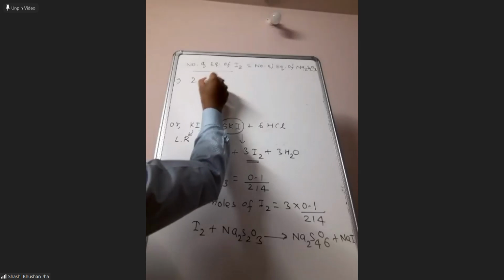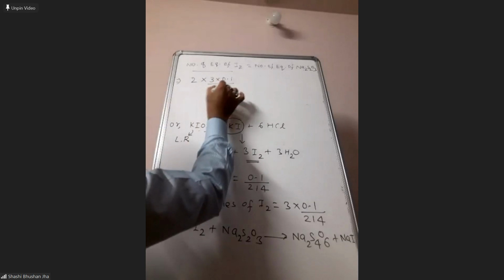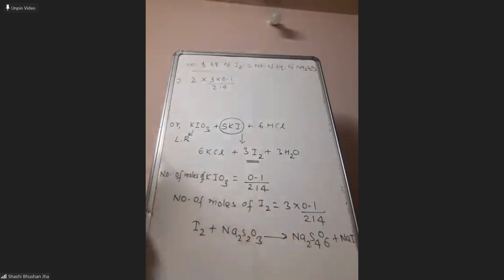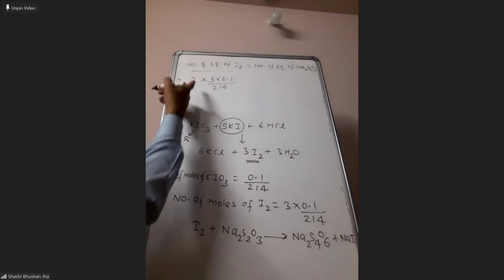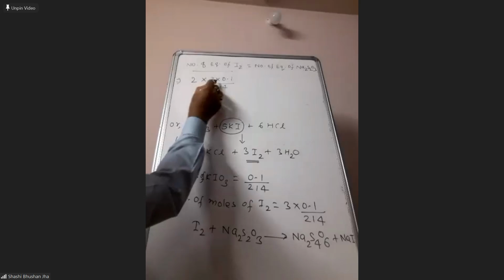Here, this is 3 into 0.1 divided by 214. This gives the number of moles of iodine, where 2 is the n factor multiplied by the number of moles.